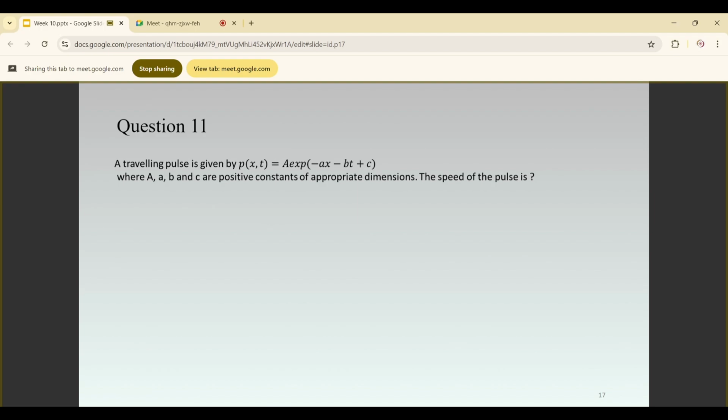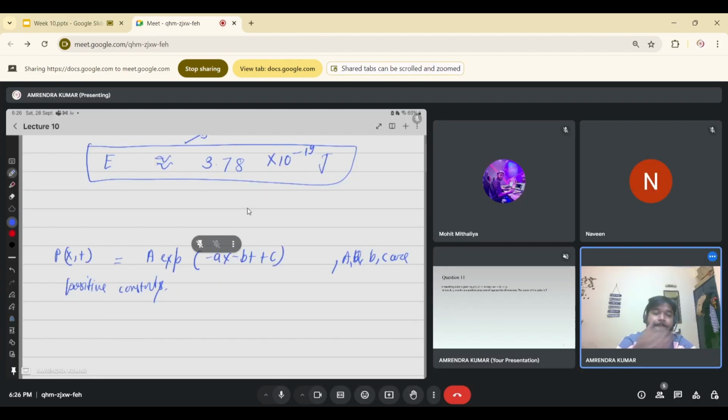P(x,t) is given as A exponential of minus (ax minus bt plus c), where a, b and c are positive constants. Okay, so let us go back to the slide number.